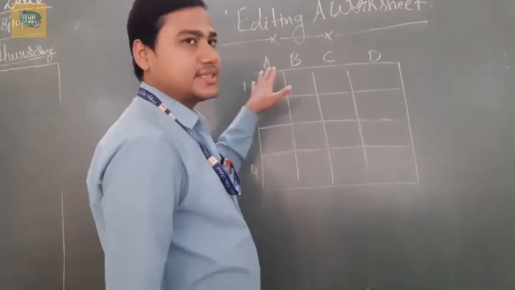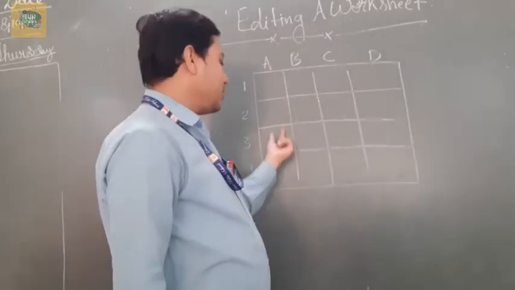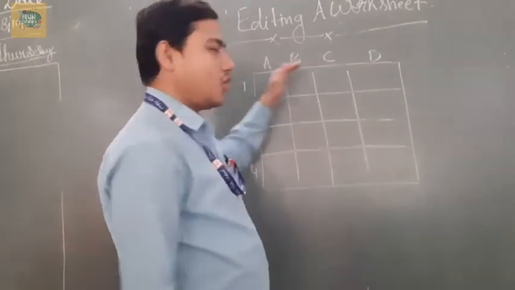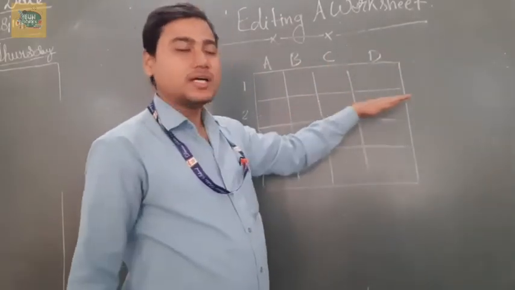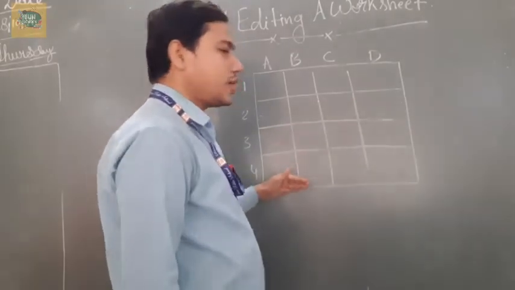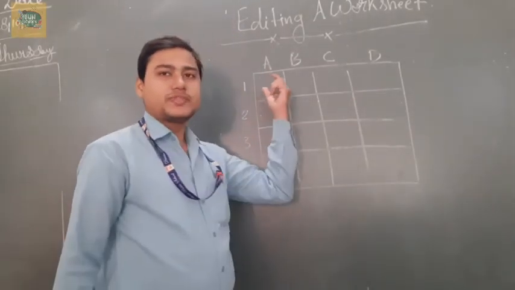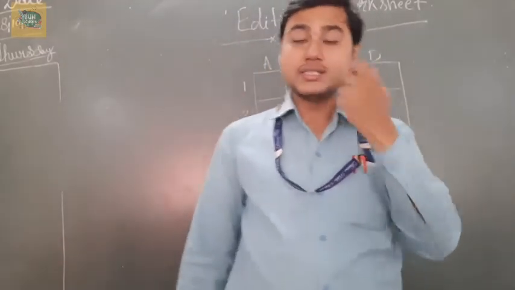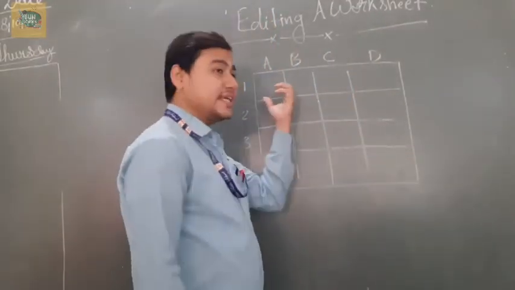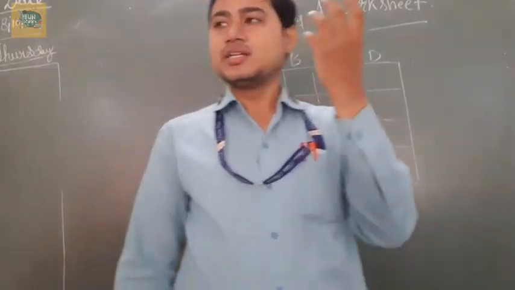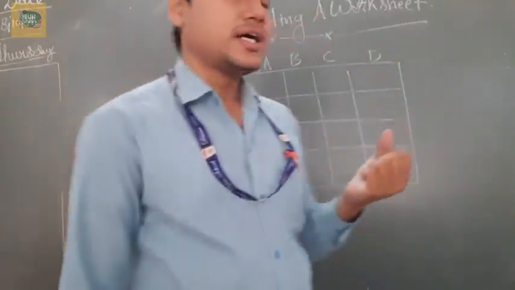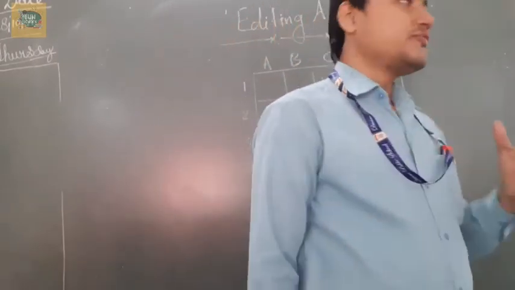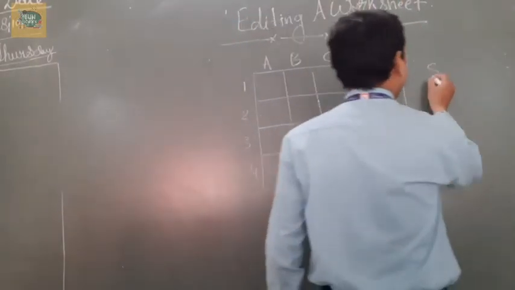So we can say that these vertical lines are called columns, and these horizontal lines are called rows. Each intersection of a row and a column is called a cell. Each cell has an address, and that address is called the cell reference.